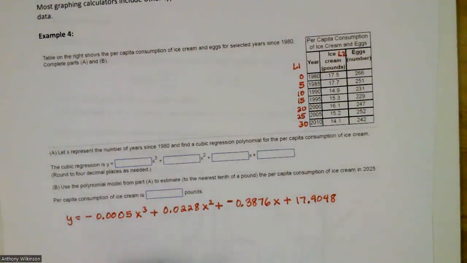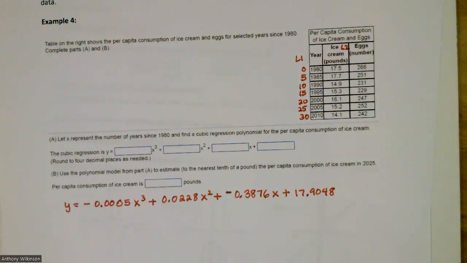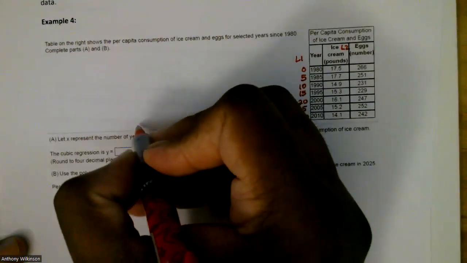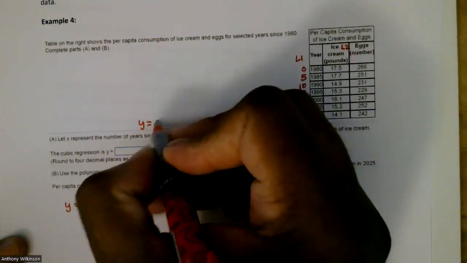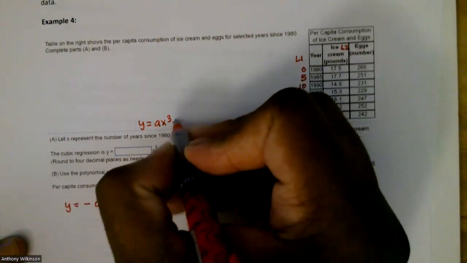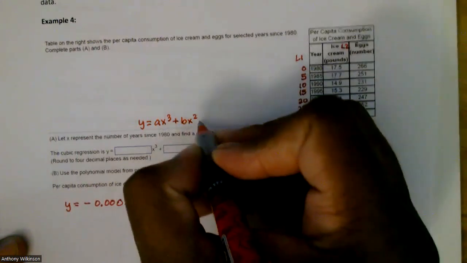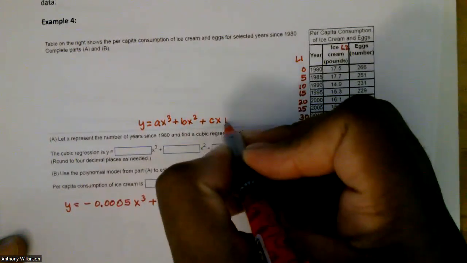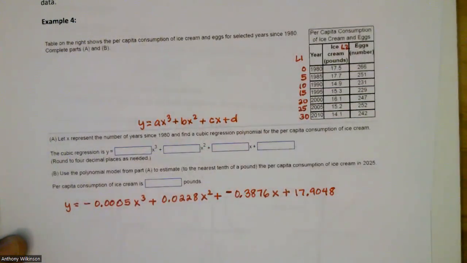So this represents the cubic regression equation for this situation. Because if you remember, the cubic regression is this: y is equal to ax cubed plus bx squared plus cx plus d.